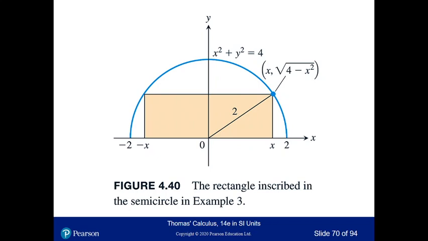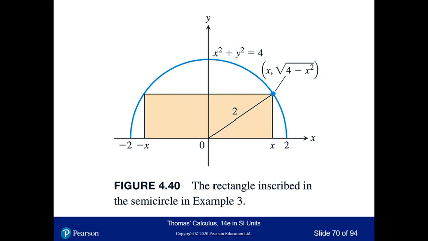Or maybe we should say x goes from 0 to 2, so yeah, x is between 0 and 2, because we have negative x here, right? So the endpoints are 0 and 2, we check those endpoints as well. Critical points, if you put them in area, you get 4. The endpoints, if you put them in A of x, you get 0 and 0.